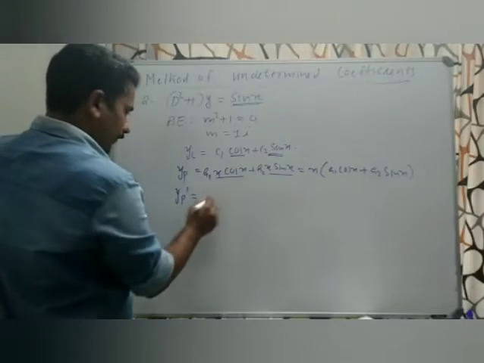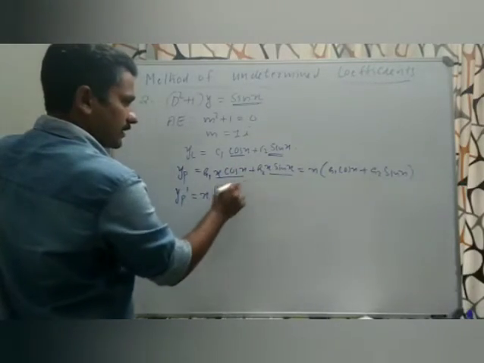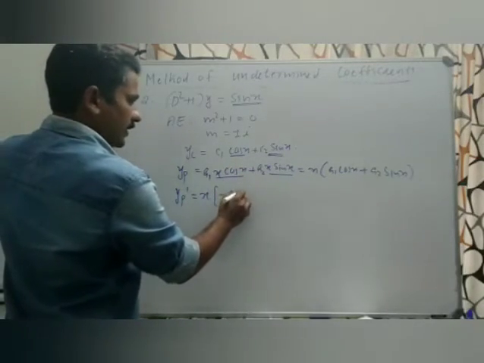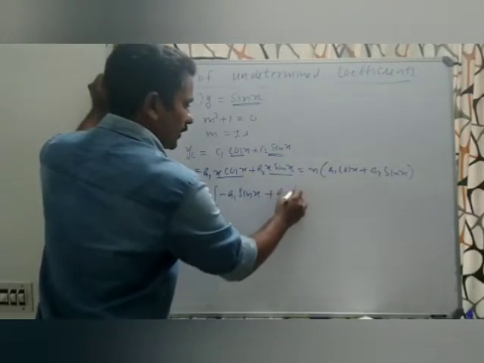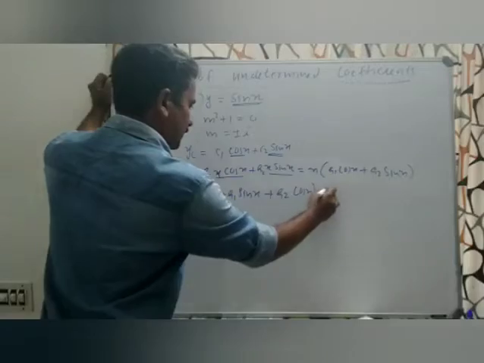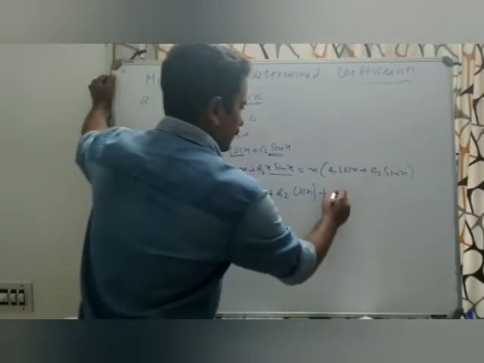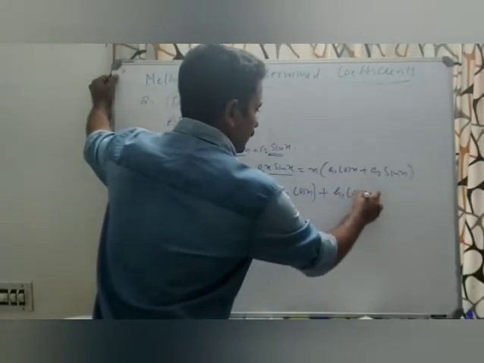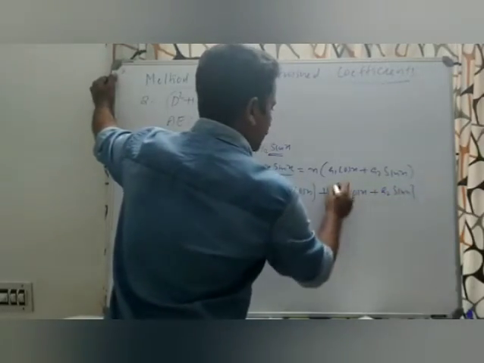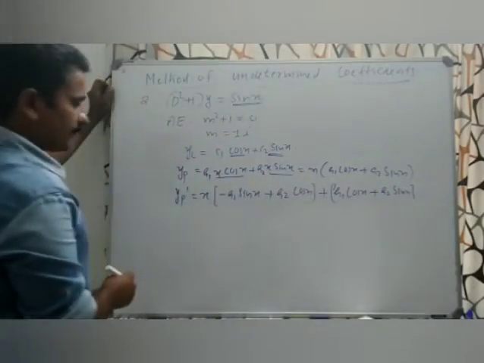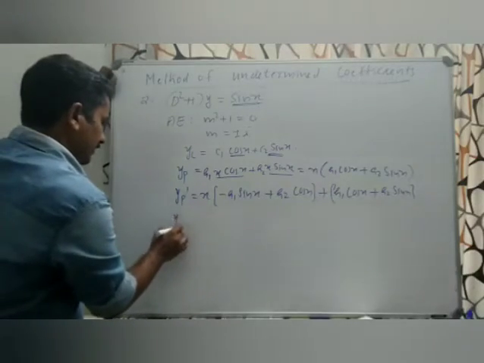So x times its derivative, minus a1 sin x plus a2 cos x, plus a1 cos x plus a2 sin x times derivative of x.